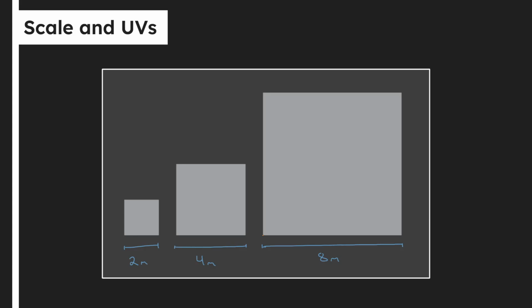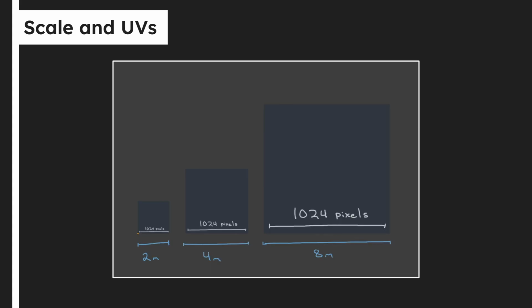That means the size of our details is going to be determined by the texture, because we're mapping these UVs straight to a pixel. So let's say we have a 1024 pixel map. This 2 meter object has 1024 pixels across it. This 4 meter object also has 1024 pixels across it. And this 8 meter one also has 1024 pixels across it.